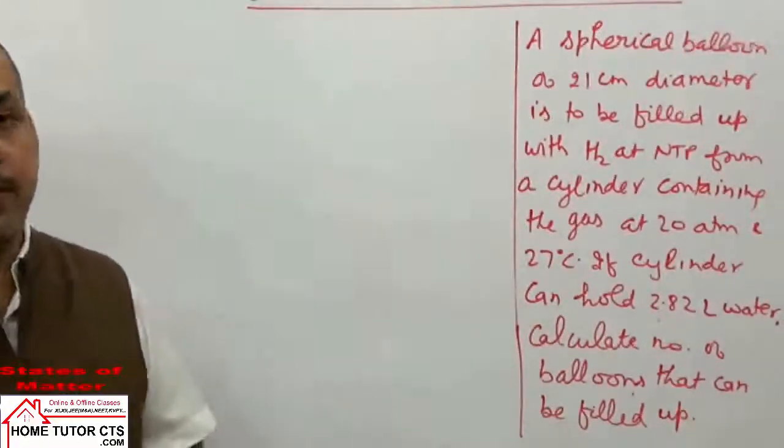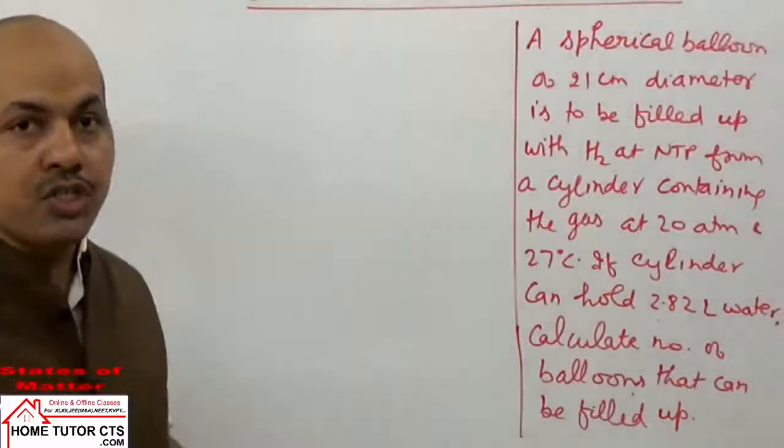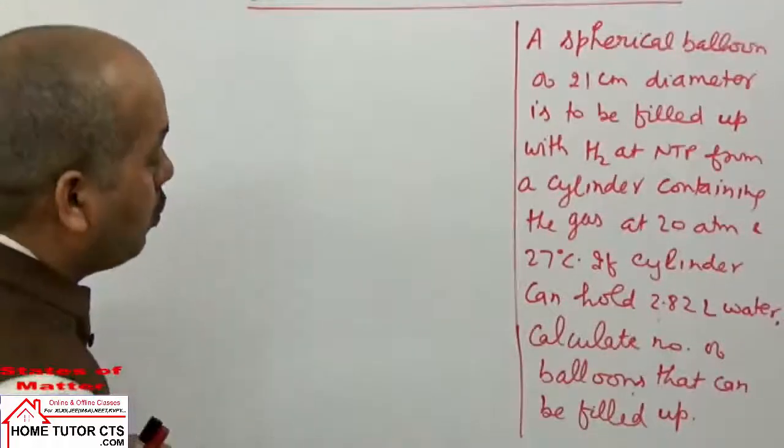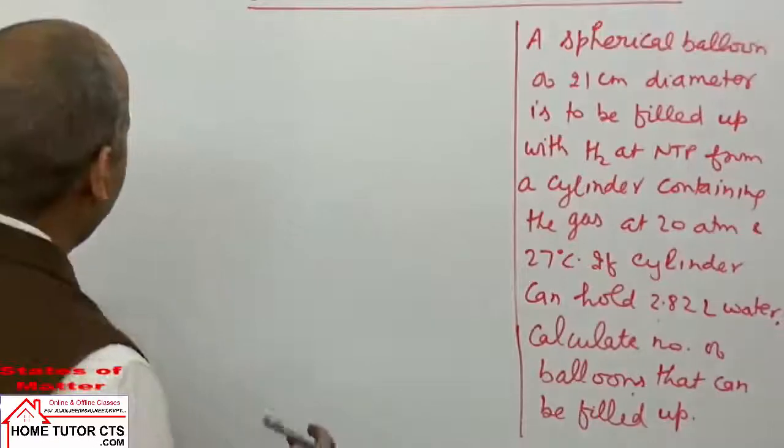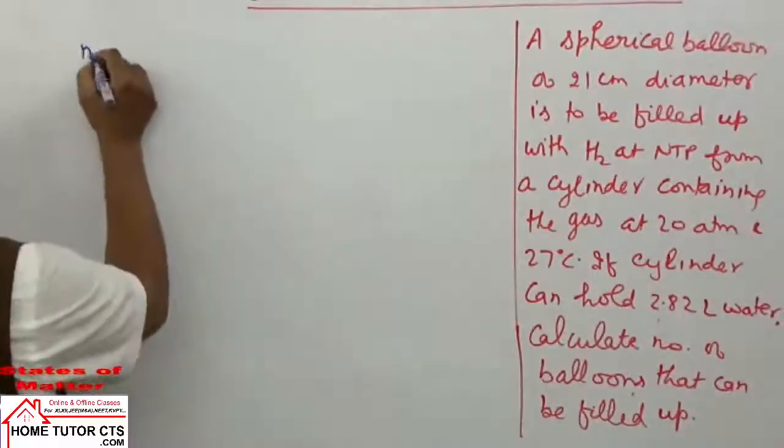Now coming on to the solution part of this question. To solve this question, what can we do here? What is the number of balloons in this case, which I can target directly?